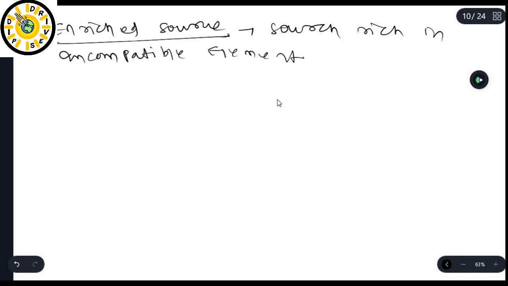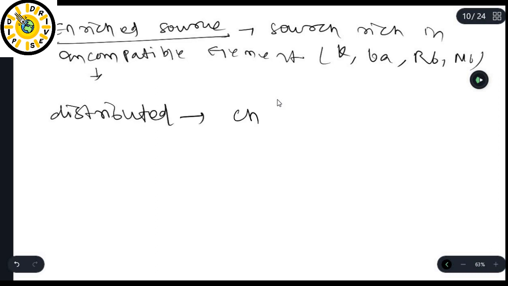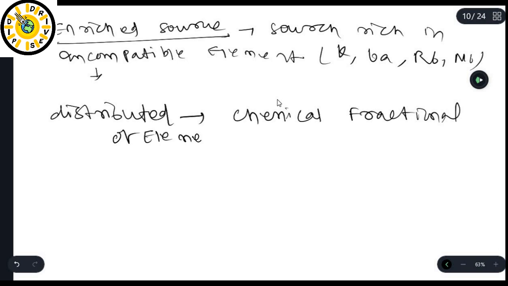What are the different types of incompatible elements? Like potassium, barium, rubidium, niobium. These are the incompatible elements. Incompatible and compatible elements are based upon how they are distributed, depending on the chemical fractionation of the element. What do you mean by incompatible element?